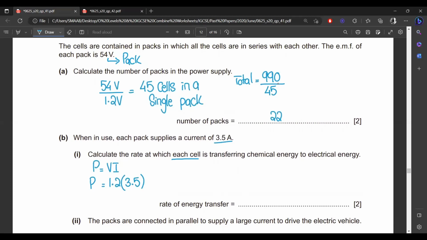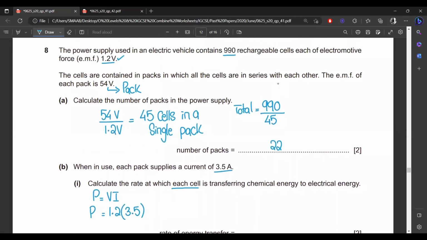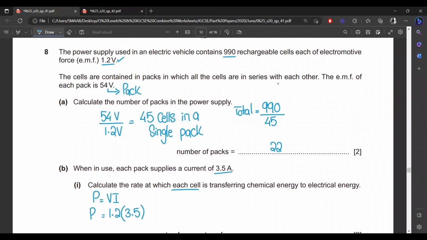I will give you the reason why we use 3.5, because I think you got confused that there are multiple cells in each pack. Always remember it is mentioned in the first part that all cells are connected in series combination. In series combination, electric current will remain the same for each cell, right?